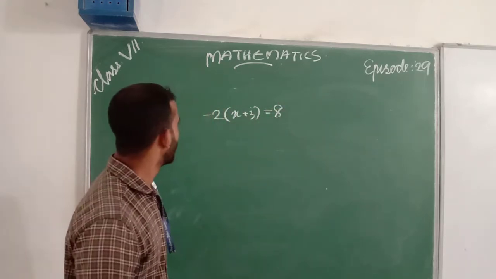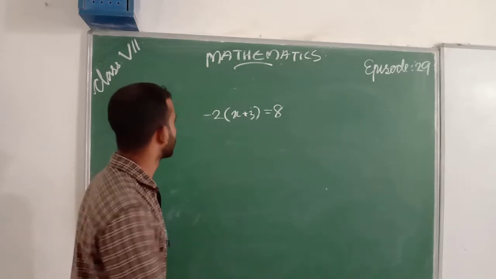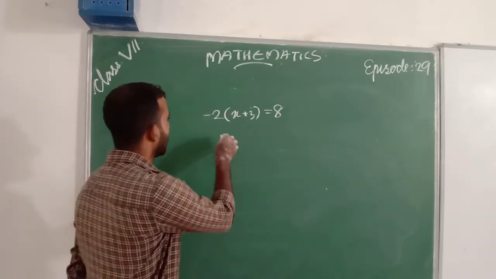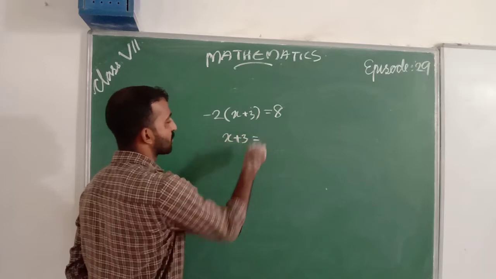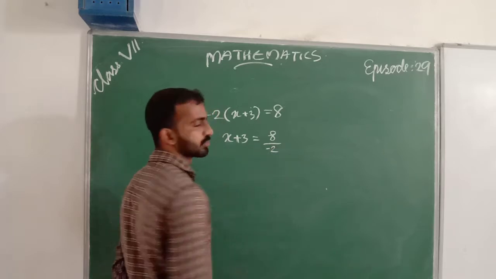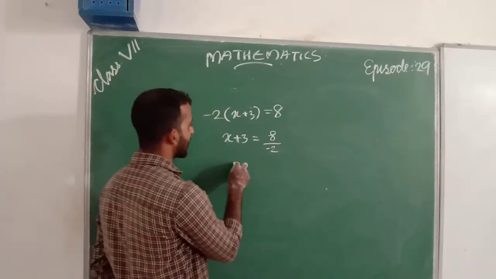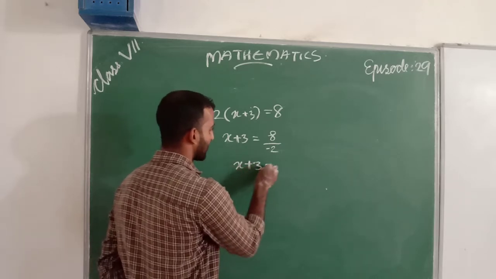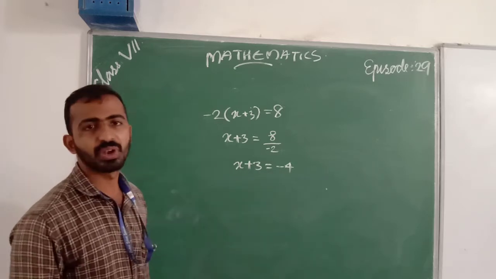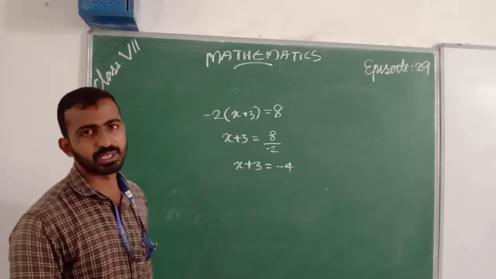Here, what is the answer? That is x plus 3 equal to 8 by minus 2. Next step, x plus 3 equal to negative 4.